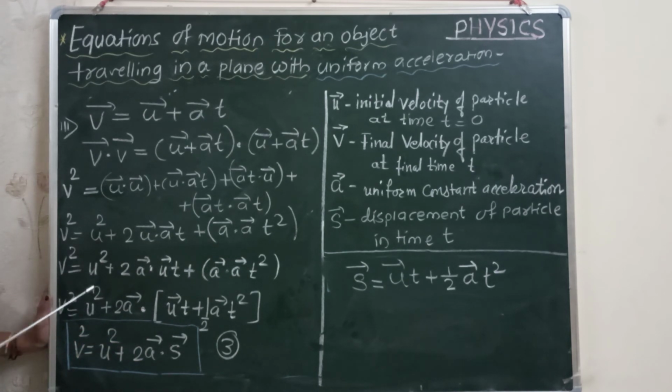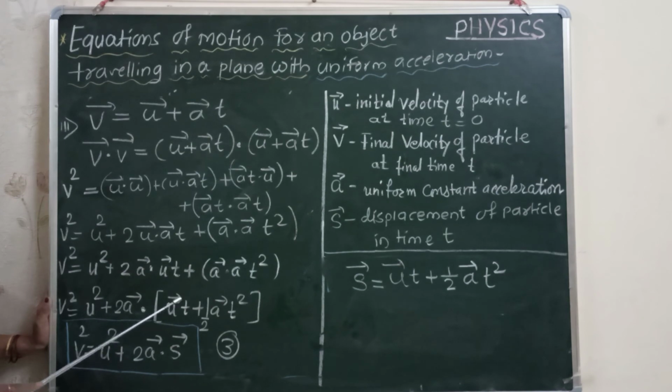So again v square is equal to what? U square plus 2a dot, you can take this term inside the bracket, this is ut plus, here we have taken 2a outside the bracket, so we have to divide it by 1 by 2, the term remains unchanged. So it is half a bar into t square.